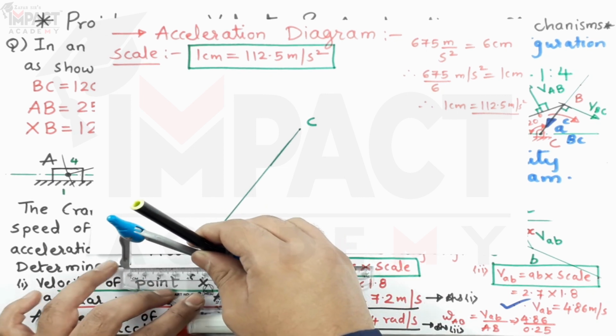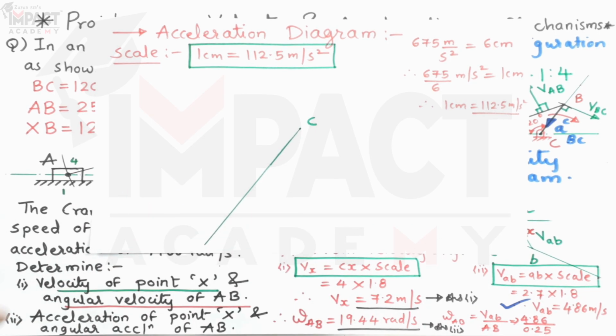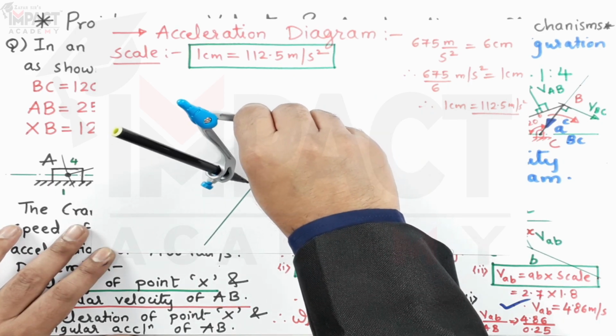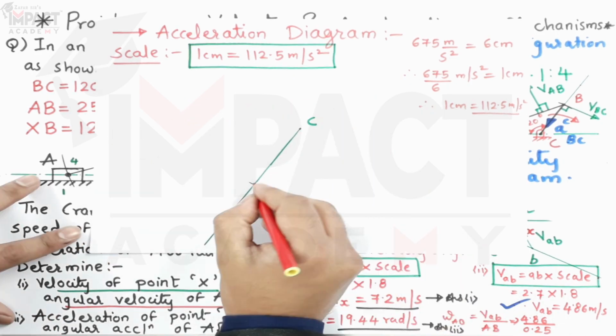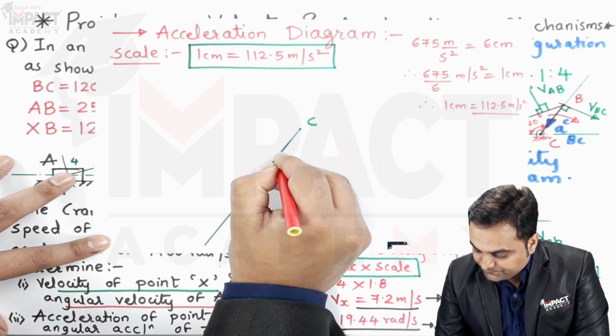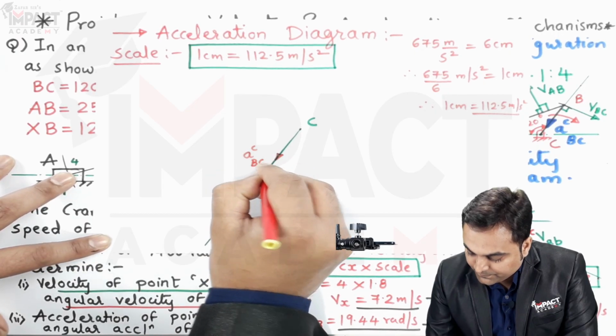Measuring 6 centimeter distance in the compass, keeping on point C, I will be cutting this line. So this line indicates the centripetal acceleration for link BC.